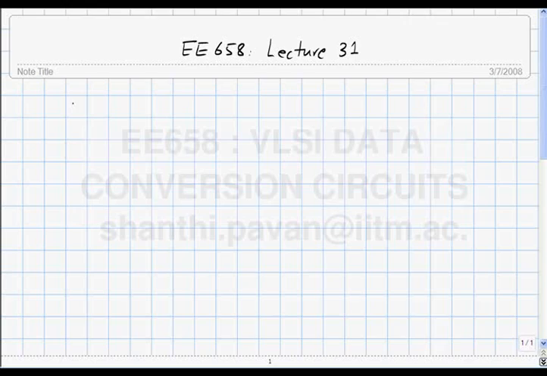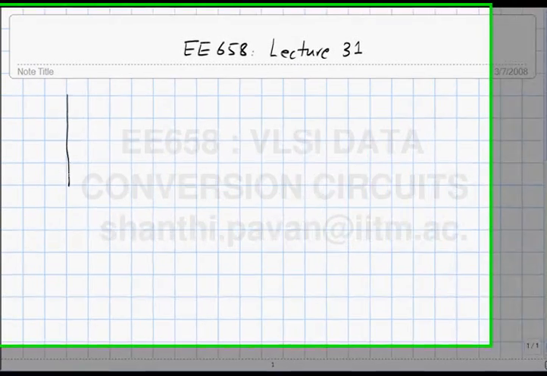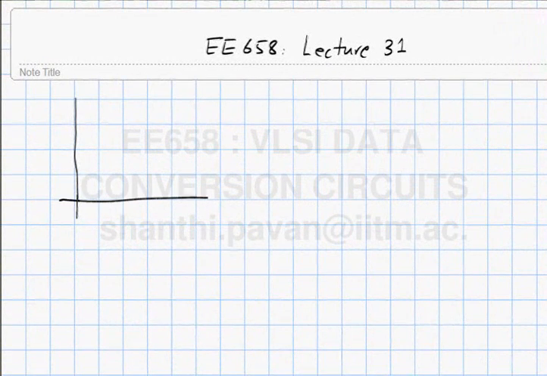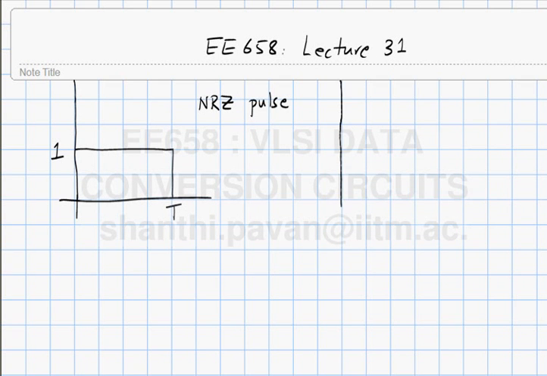One was the NRZ pulse, which looks like this. Another alternate shape is the return to zero pulse shape.